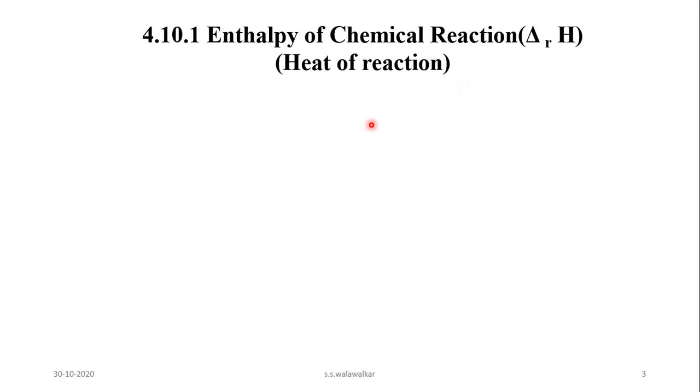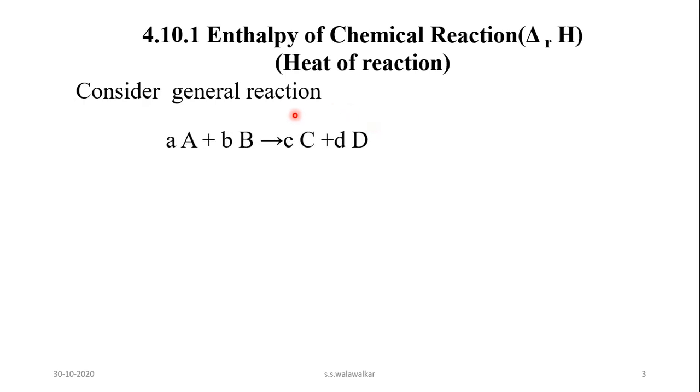For that, first consider a general chemical reaction in which a moles of reactant A react with b moles of reactant B and produce c moles of product C and d moles of product D. This is a general chemical reaction.